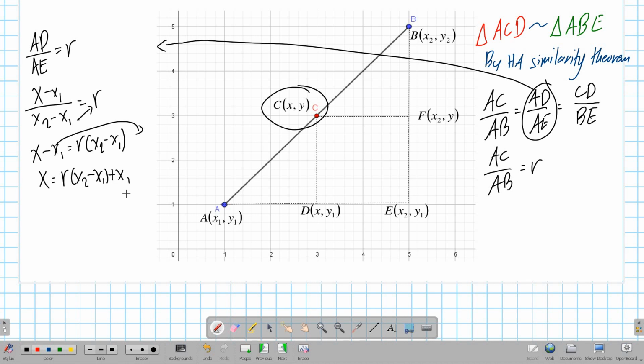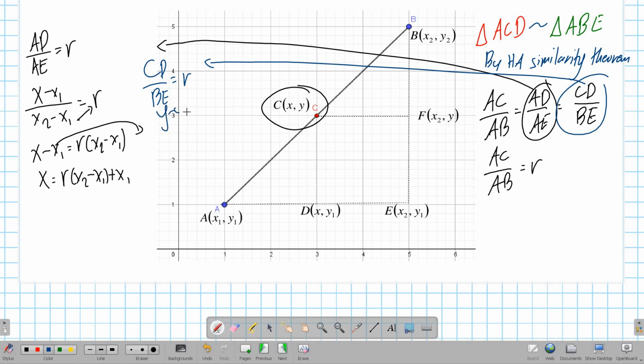Similarly, we do the same procedure to find the y coordinate. This time I'll use the color blue. CD over BE would be equal to R. Based on the midpoint video, the distance CD would be y minus y sub 1, and the distance BE would be y sub 2 minus y sub 1, which is equal to R. Using the same process, cross multiply: y minus y sub 1 equals R times y sub 2 minus y sub 1.